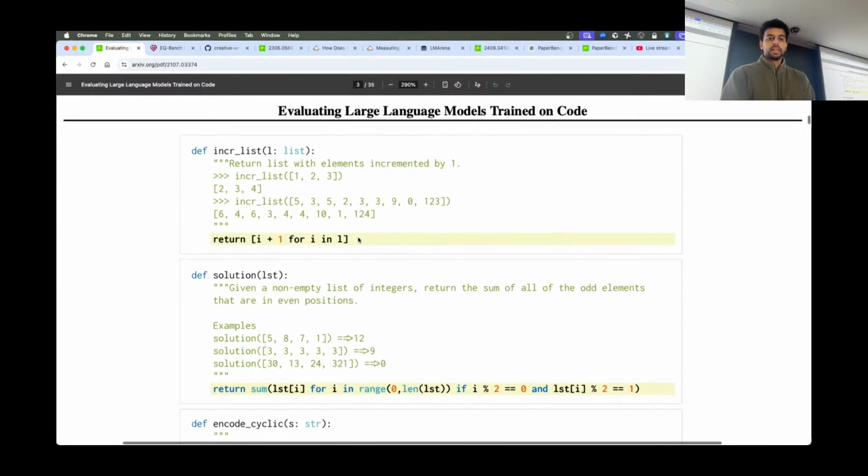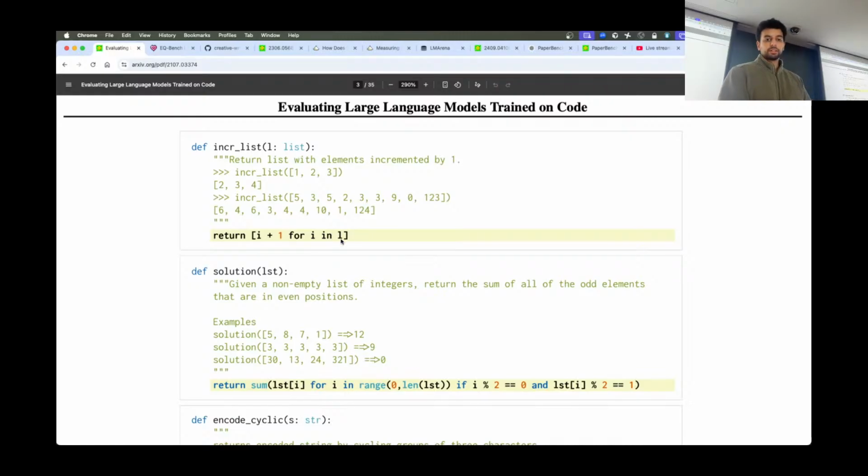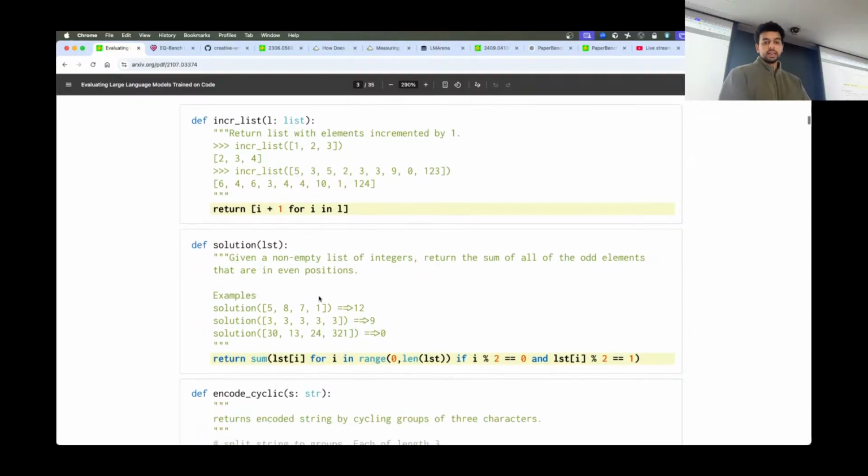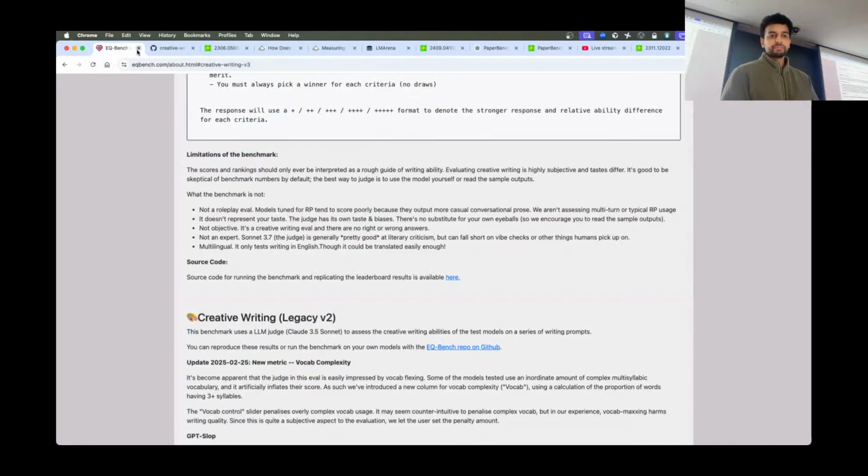This is from the HumanEval benchmark released by OpenAI, where you get a specification of a program, like a Python function that you need to write, and the model is trying to generate the response. Generally, it's a pretty simple program, and it's very easy to check if it works with just tests, right? This is another benchmark that has been heavily contaminated now. A lot of models are trained on this task, so it's not very useful.